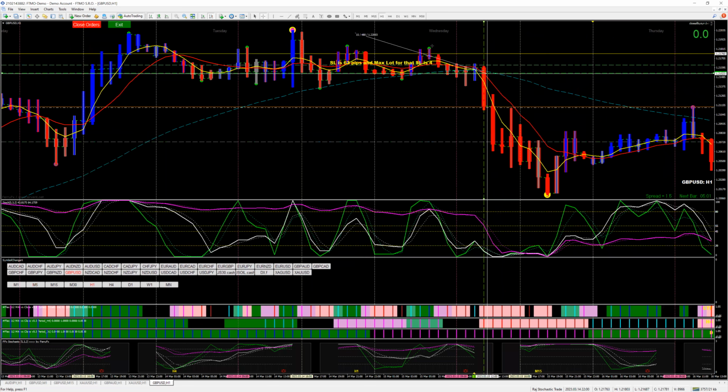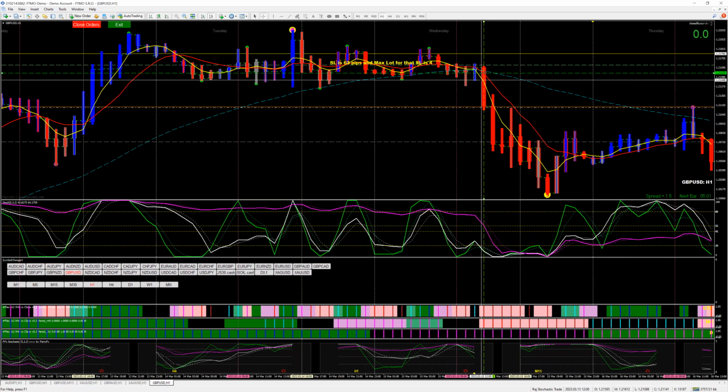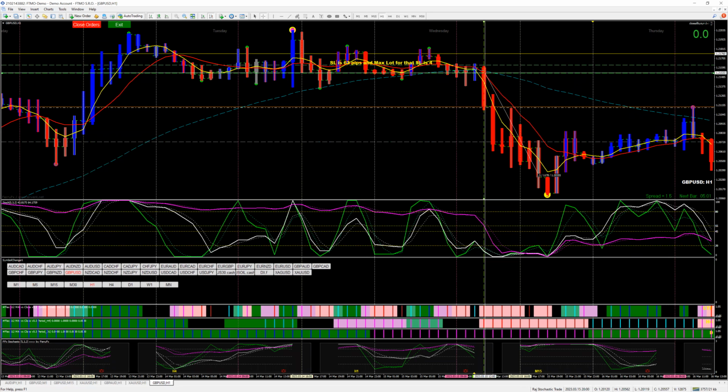Stop loss is over here, which is 32 pips. So it's almost half, so 6 lots will be a lot size. And this trade will exit over here, 122 pips. So that will be 6 times 122 is 732, so $7,320.